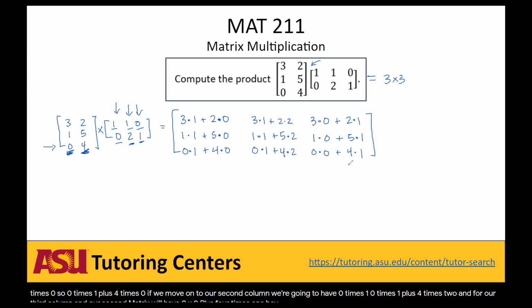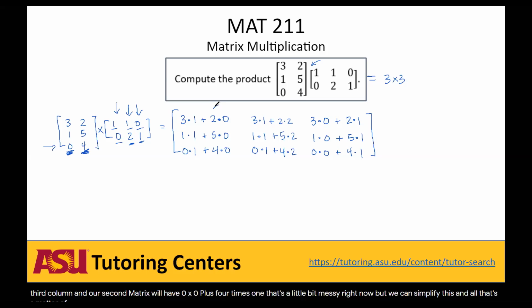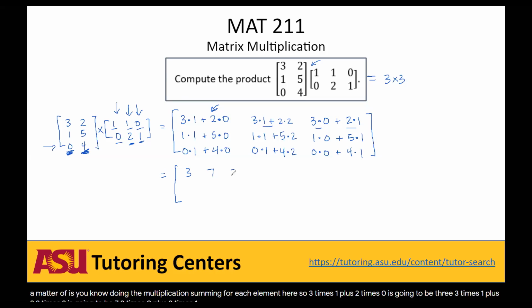Great. So that's a little bit messy right now, but we can simplify this, and all that's a matter of is doing the multiplication and summing for each element here. So 3 times 1 plus 2 times 0 is going to be 3. 3 times 1 plus 2 times 2 is going to be 7. 3 times 0 plus 2 times 1 is 2. 1 times 1 plus 5 times 0 is just 1.